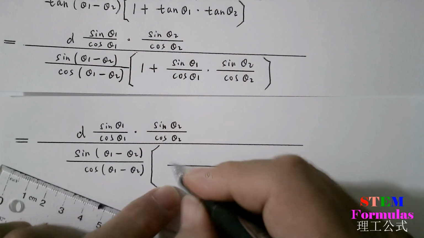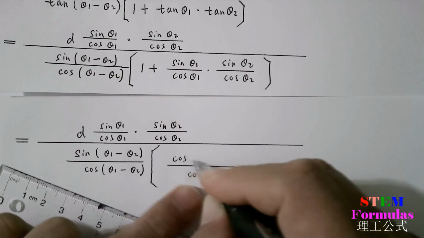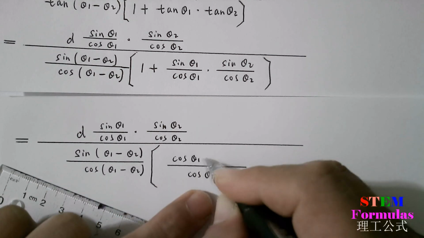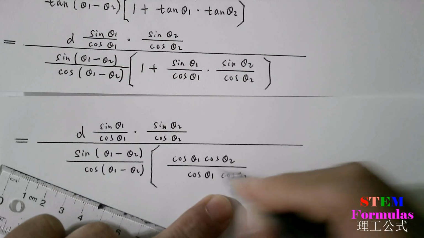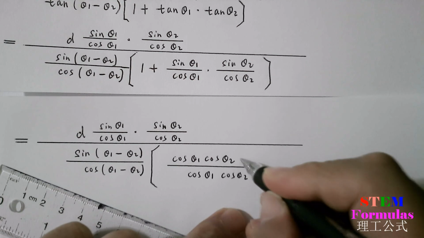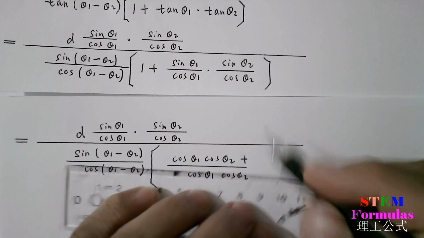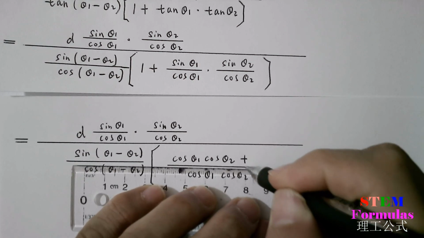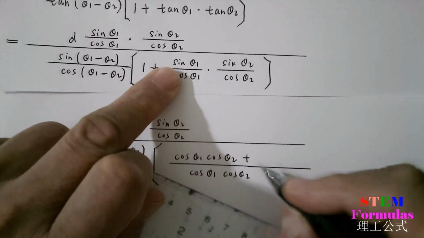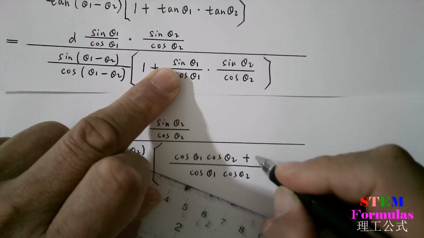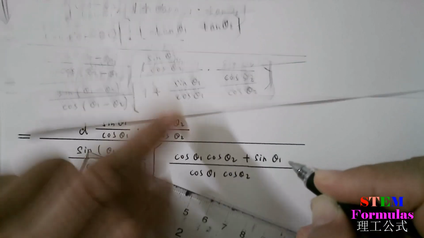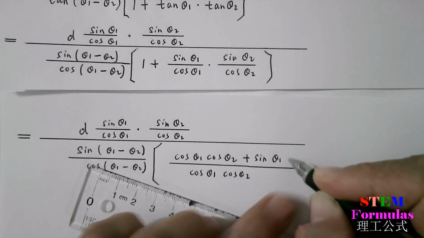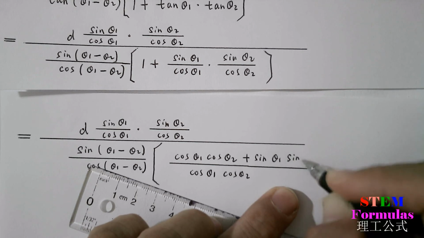So on the top I have cosine theta 1 cosine theta 2 plus this term, sine theta 1 sine theta 2.